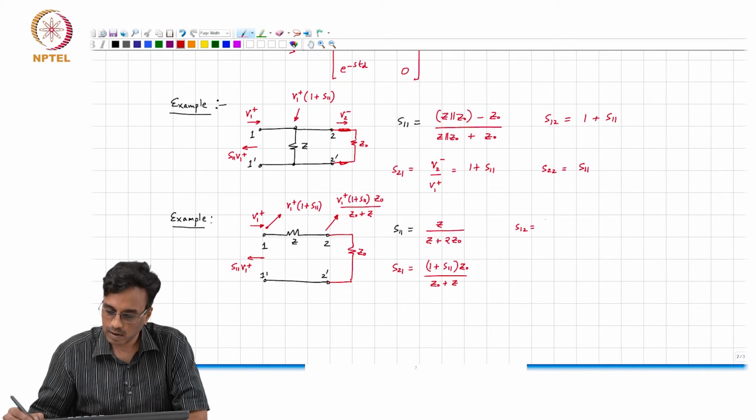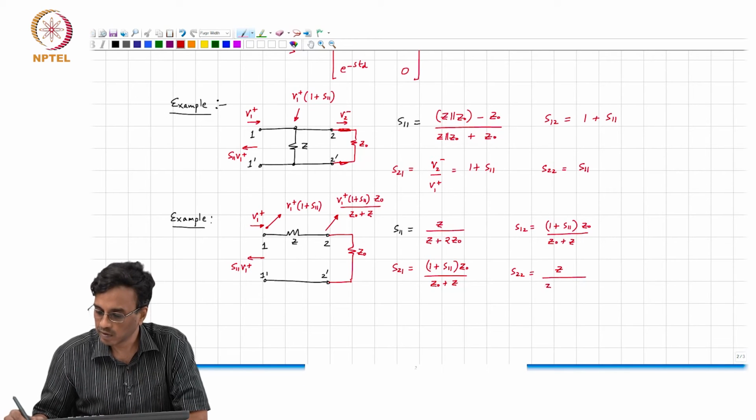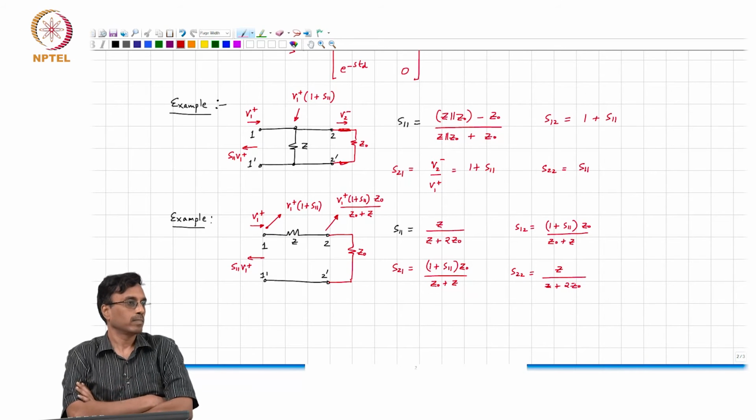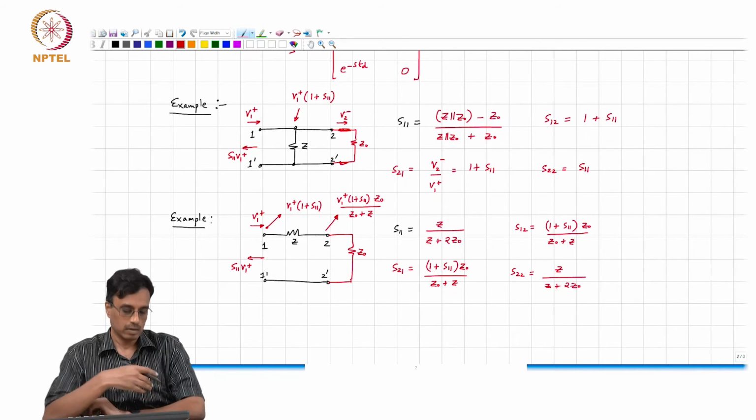Well, the same as S21, which is basically 1 plus S11 times Z naught by Z naught plus Z, and S22 is same as S11, which is Z by Z plus 2Z. That makes sense, people?